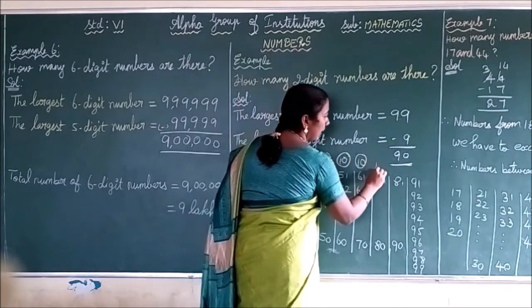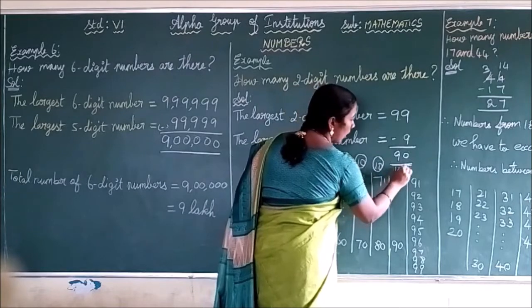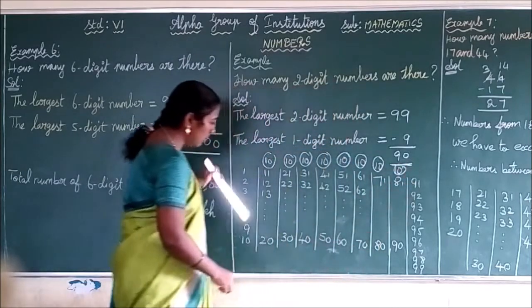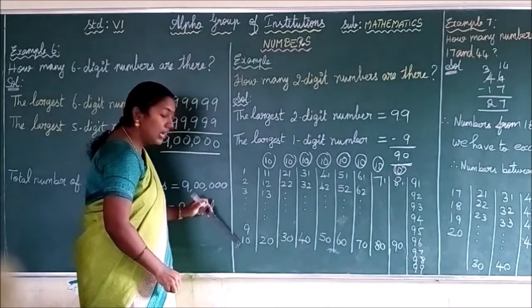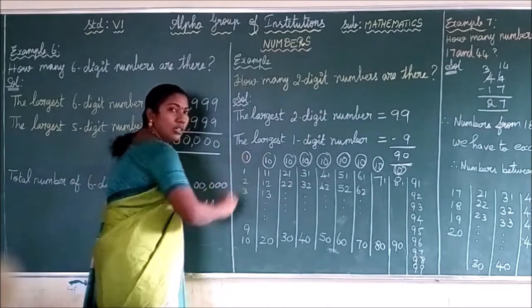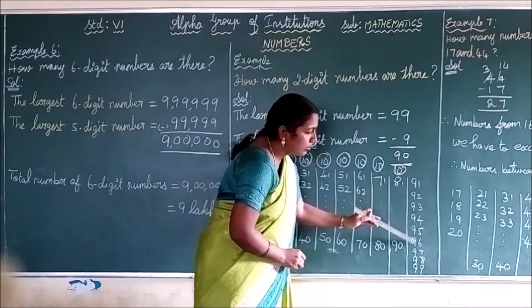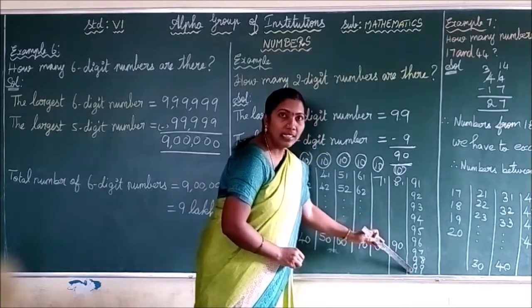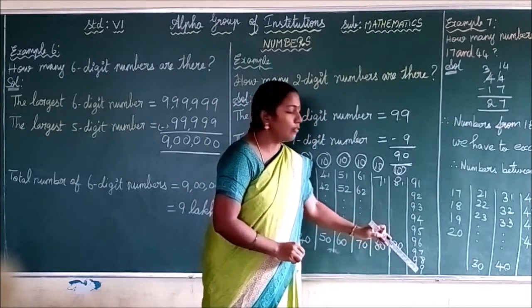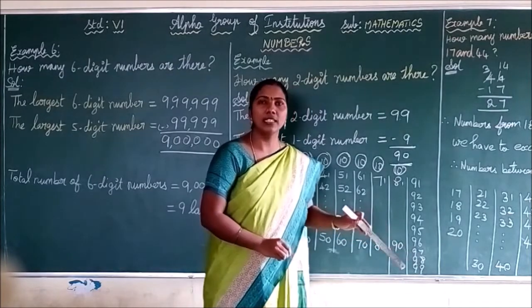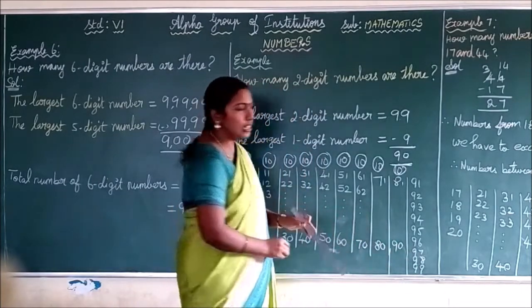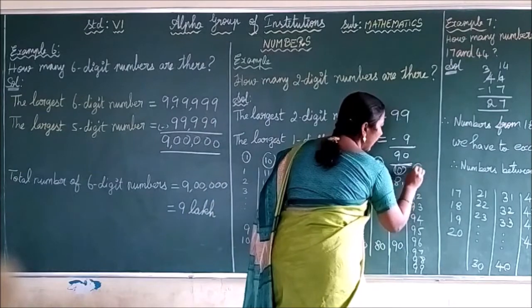Similarly, we are getting 10 numbers in each column. Observe this one. Here the only 2 digit number is 10, so write 1. See here: 1, 2, 3, 4, 5, 6, 7, 8, 9. There are 9 such 2 digit numbers. Here we don't count 100 because 100 is a 3 digit number. Is it clear, children?